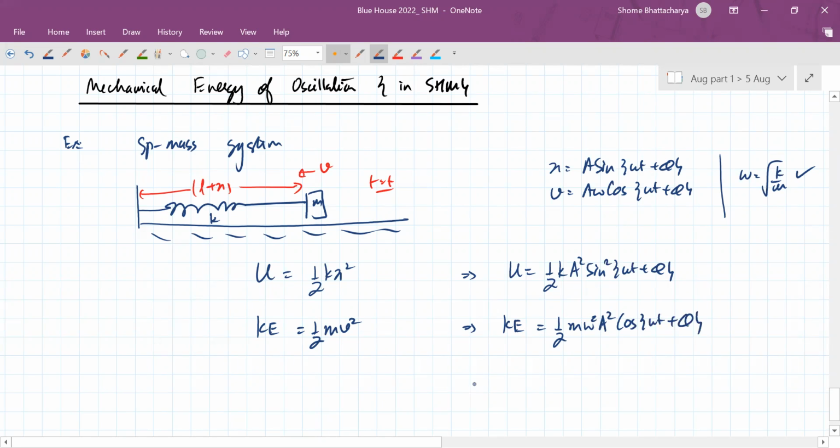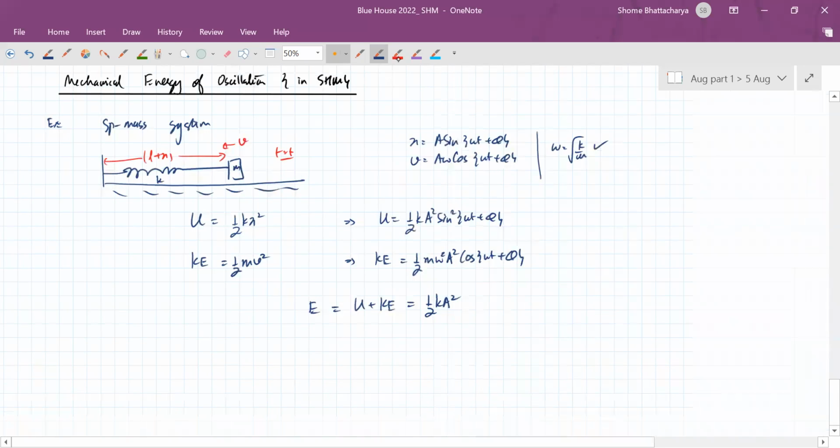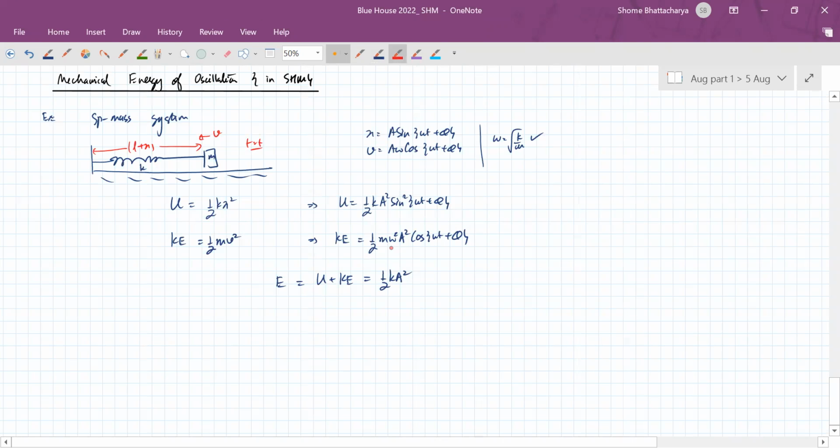So one thing you can see is that if you take the total mechanical energy as the sum of potential plus kinetic energy, it's equal to this much, because in this term, m omega square is the same thing as k.